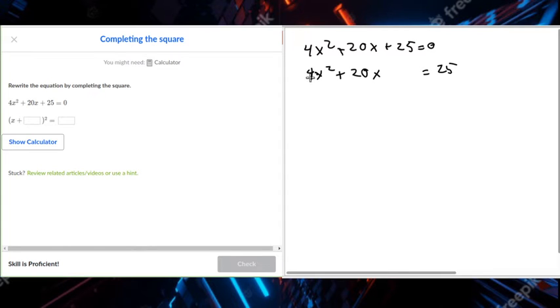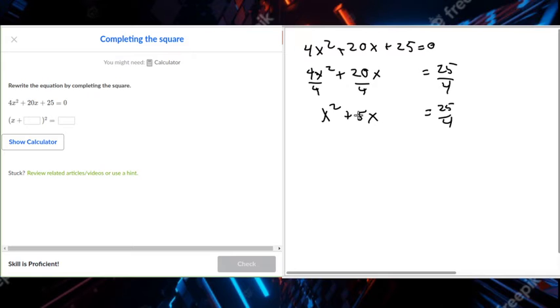And before, I've been saying I wanted to divide everything by 4 here. So I'm going to divide both sides by 4. I'm going to end up with x squared plus 5x is equal to negative 25 fourths.